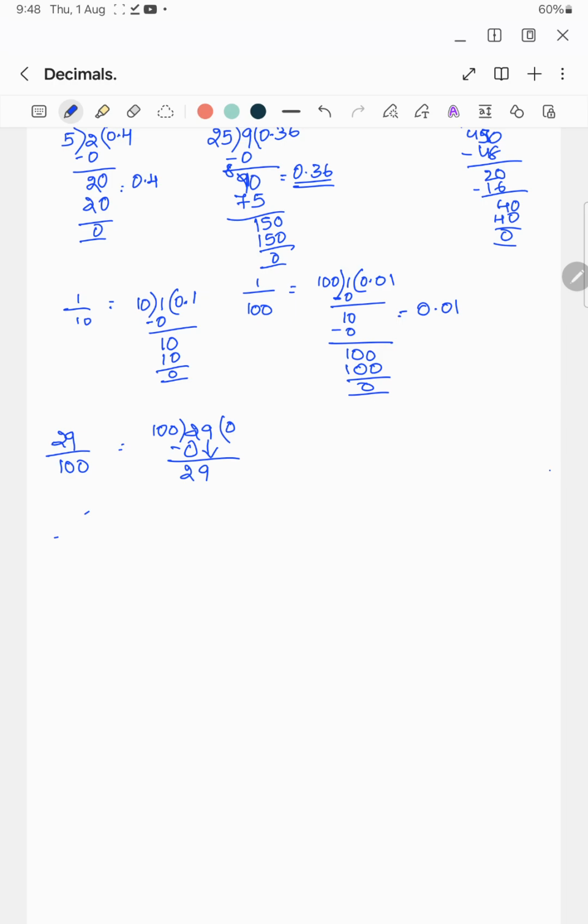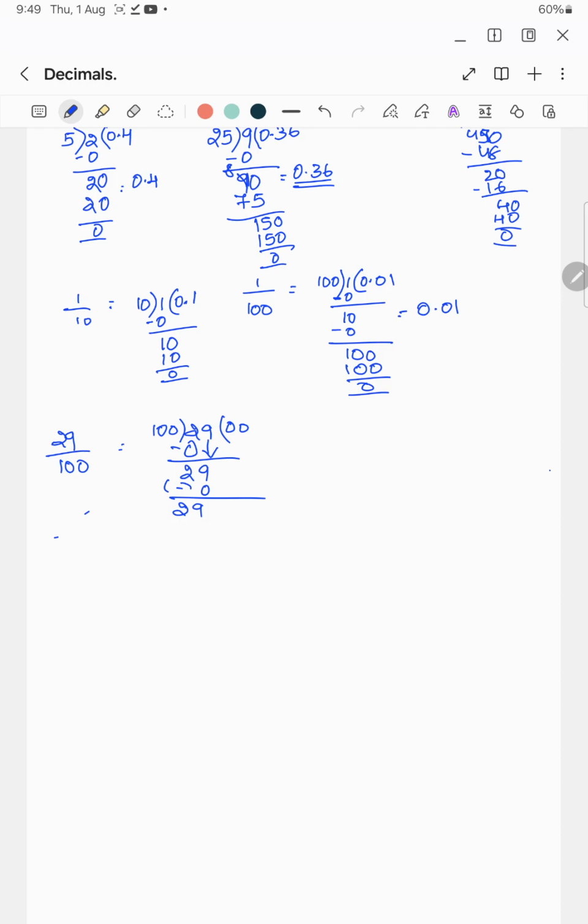If you take a carry down, we have to check for the multiple. So we have taken 29. So 29 is less than 100. So we multiply 100 with 0. So this will become 29. Now there are no numbers to take the carry down. So 29 will be the remainder.